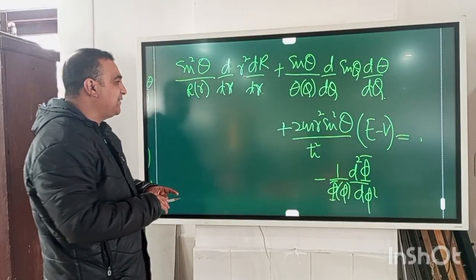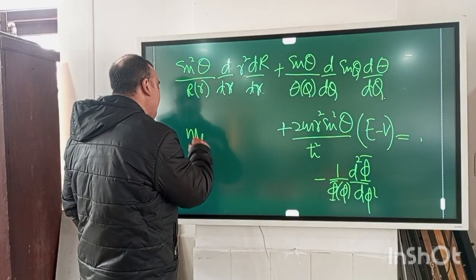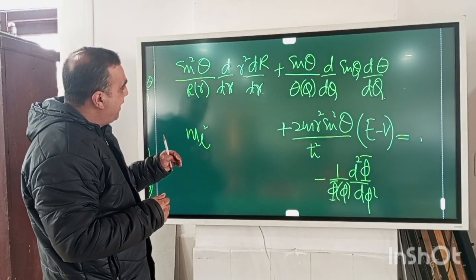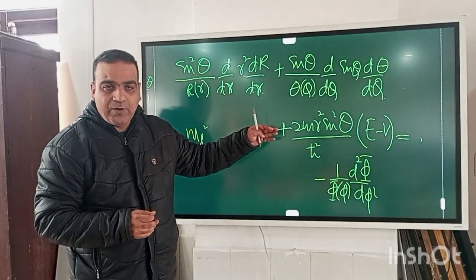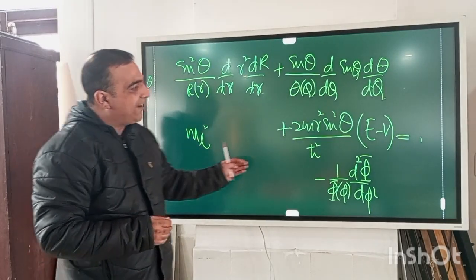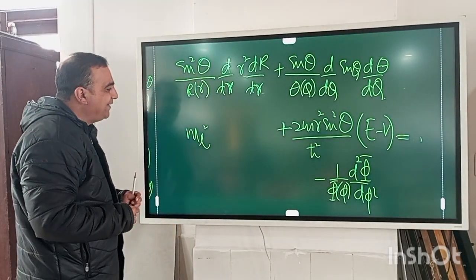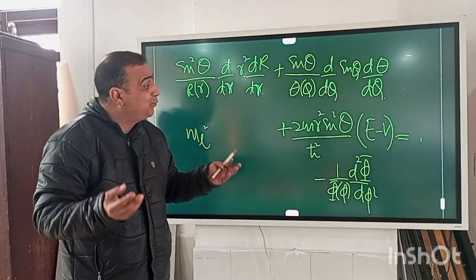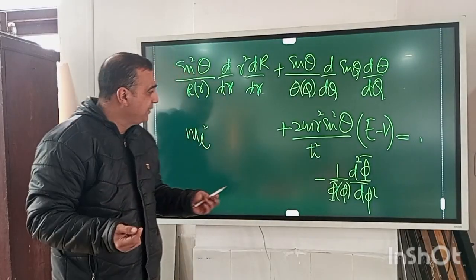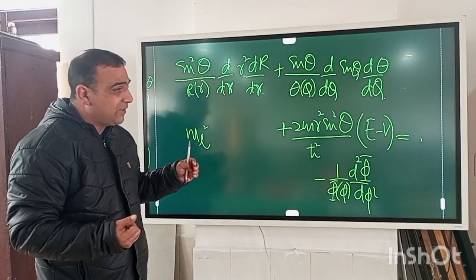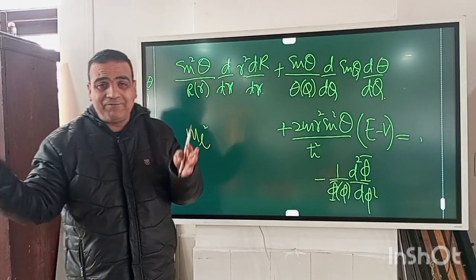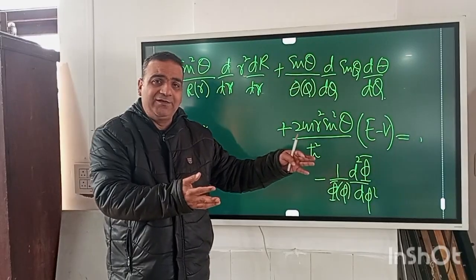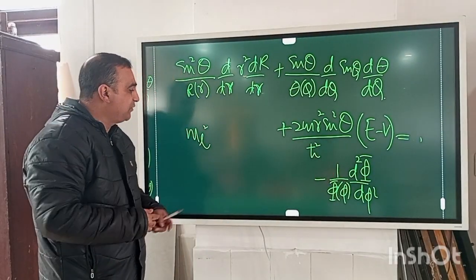Now if I choose a constant like ml square, assuming that this ml square must be equal to the left hand side of the equation, then automatically this ml square must be equal to the right hand side of this equation. So this is how we can exploit plausible information from this equation by introducing a constant, so that a constant is a constant, and we can project the left hand side of the equation equal to that constant, and similarly you can project the right hand side of that equation equal to that constant.